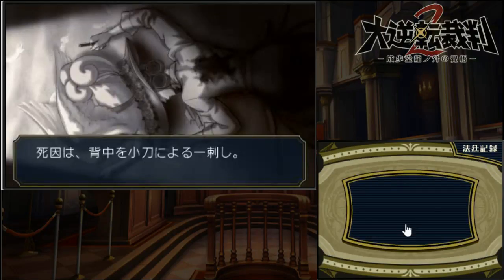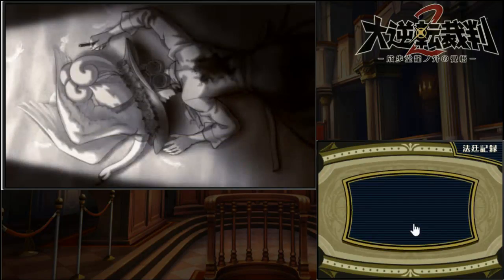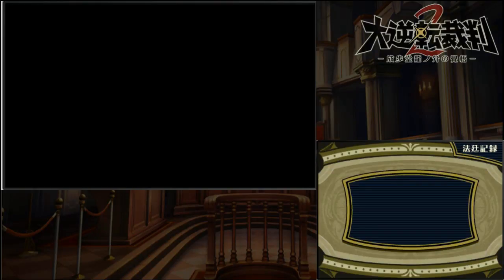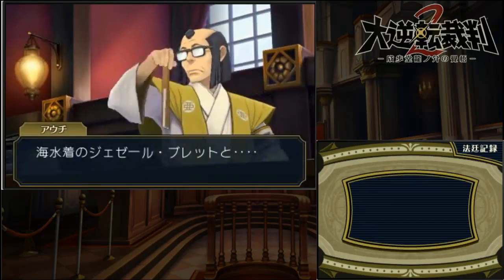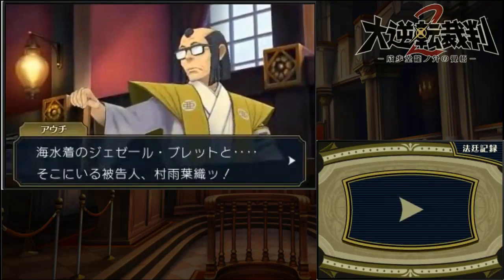The cause of death: a single stab into the victim's back with a small knife. The blade penetrated into her lung, which proved to be fatal. At the time, there had been only 2 people within the shack. Giselle Bullitt, who was changing into her swimwear, and the accused over there, Haori Murasame.